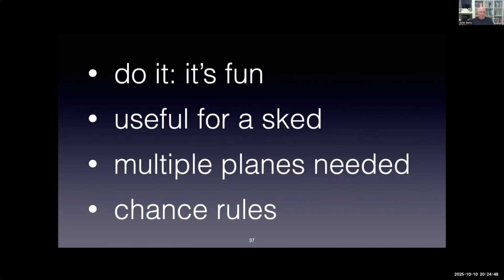The last thing they're going to bother about is me sitting there saying, hey, we could use 4 aircraft to make this work, etc. Multiple planes are needed, typically, although John Quarmby illustrates that he seems to make use of 1 or 2. And of course, the whole thing is in probability. Is there an aircraft? And have you got somebody at the other end to talk to? So chance rules the whole affair.